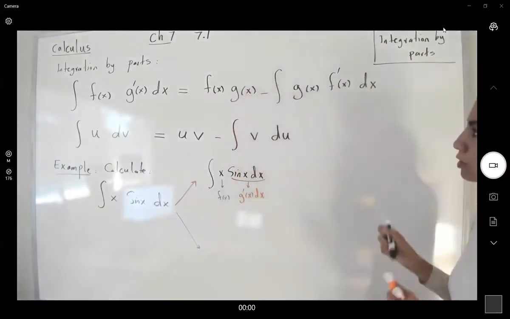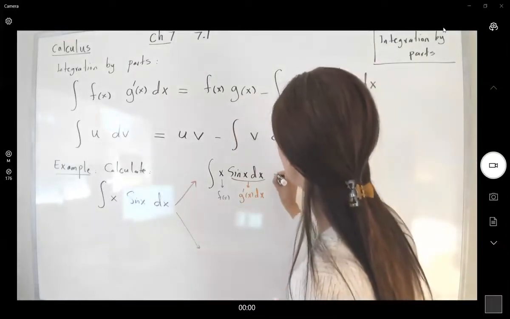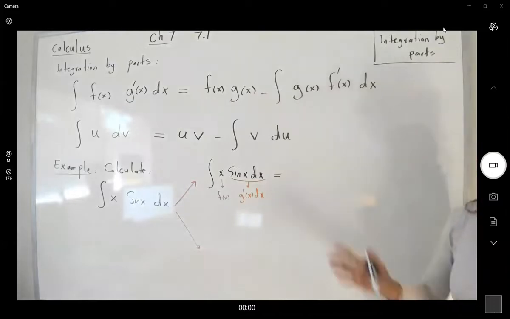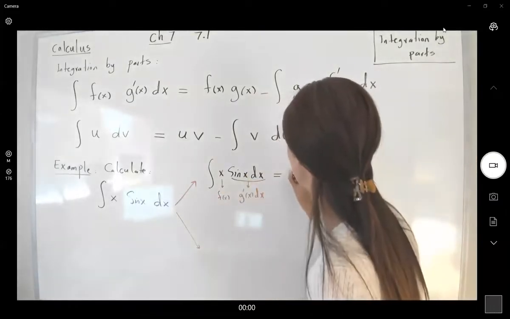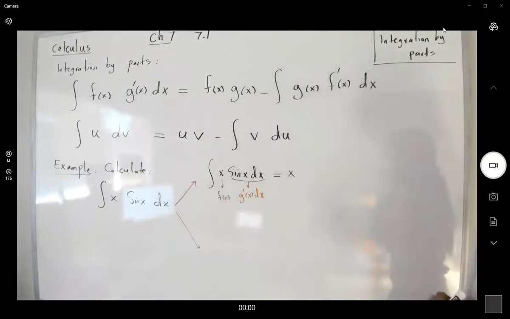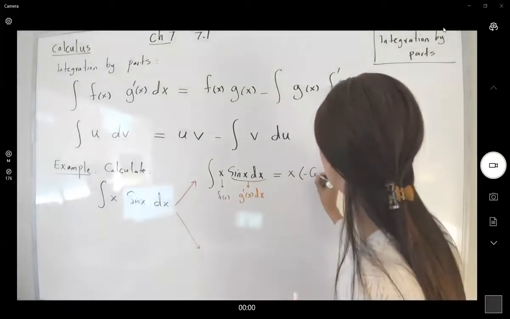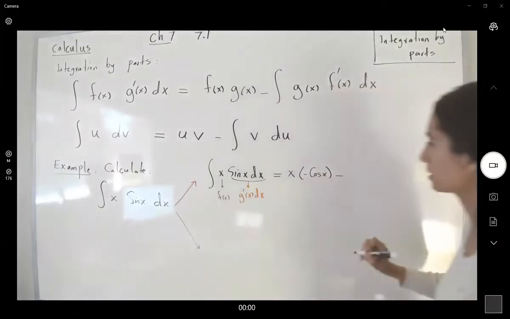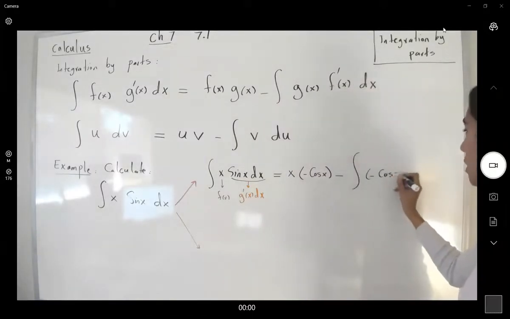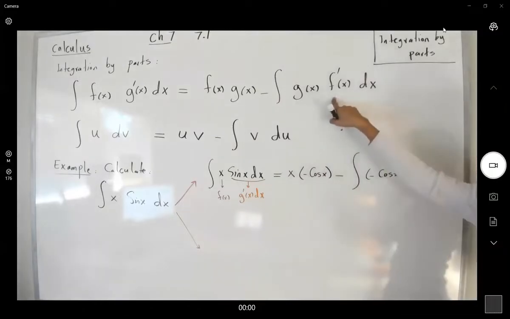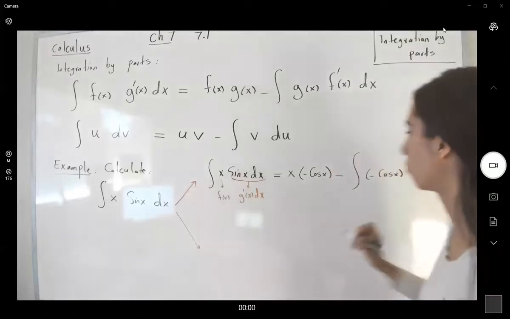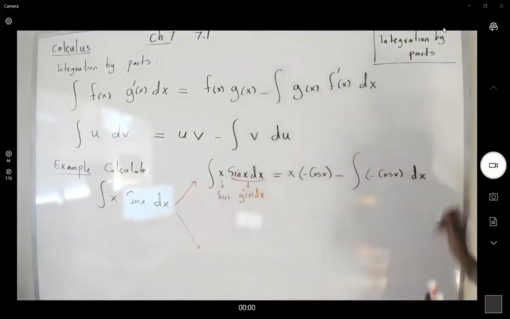Well, let's follow the formula. The formula says you can rewrite this as f times g. f is x. But what is g? What is the integral of sine? It is negative cosine, minus the integral of g, which is negative cosine x, times f prime of x dx, which is the derivative of x, 1, times dx.